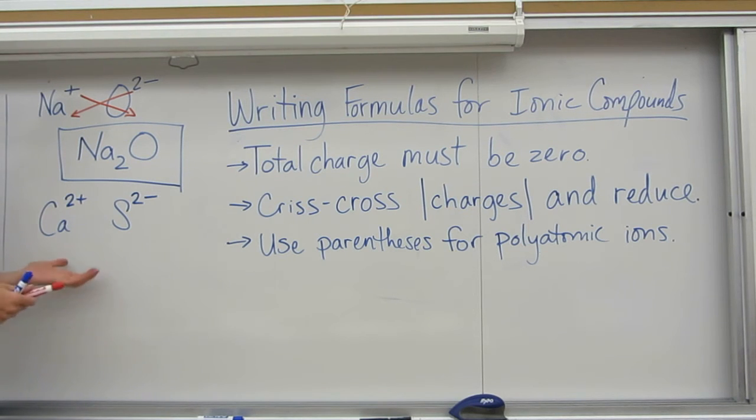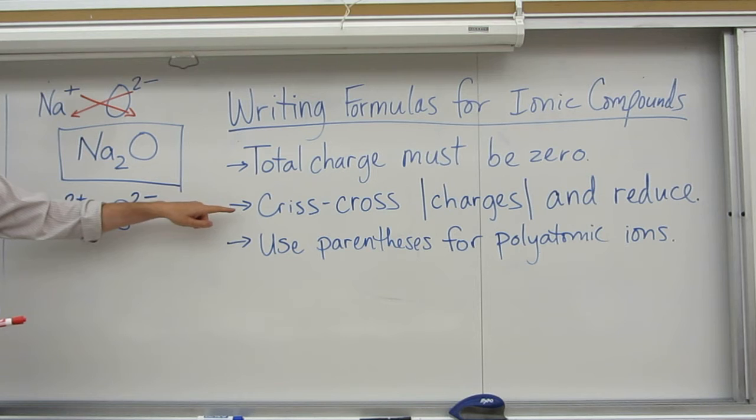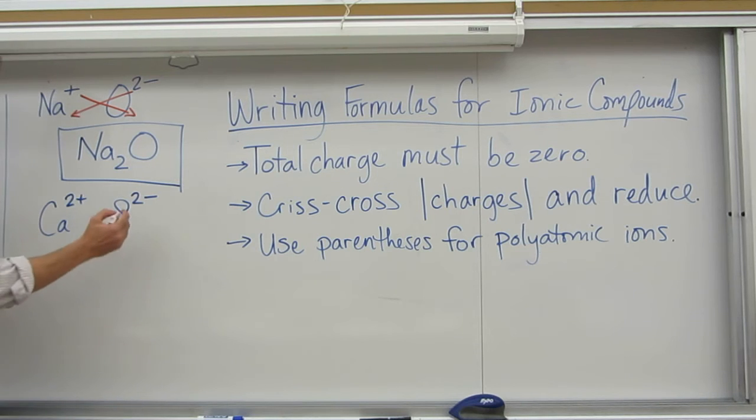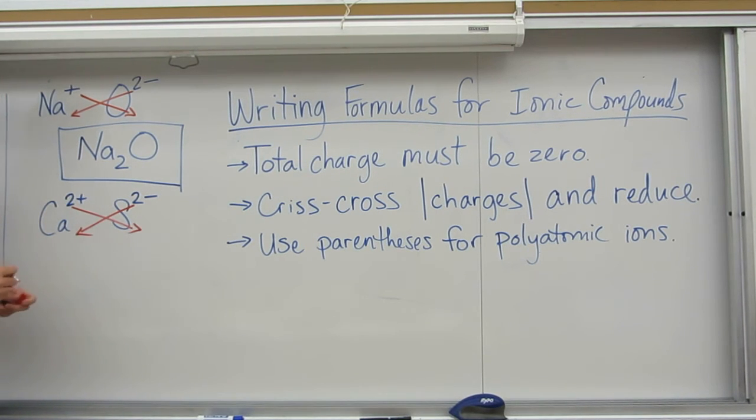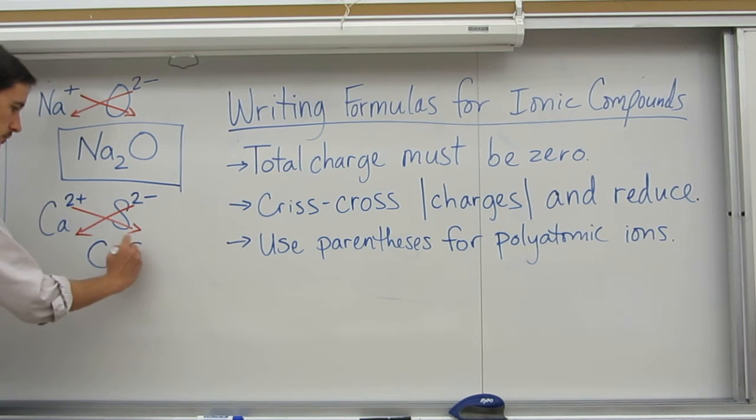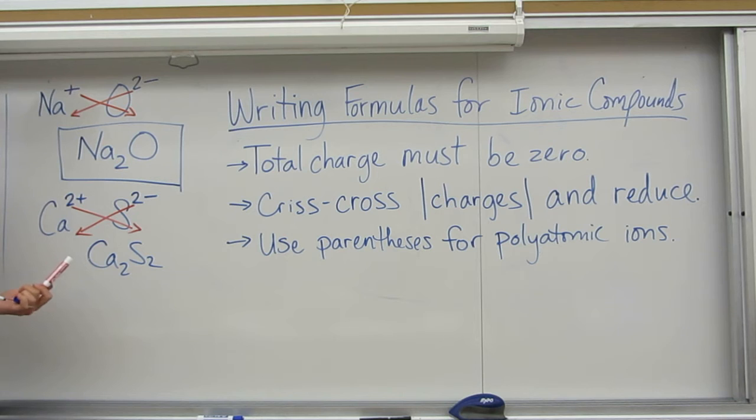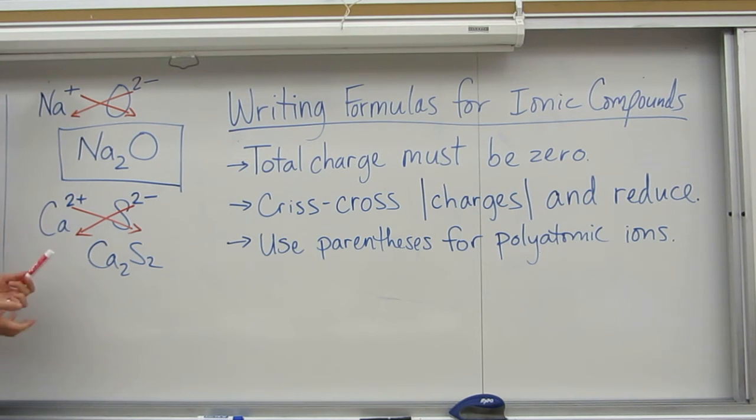Okay, this one is, I think, kind of easier. I wrote for you, crisscross the absolute value of the charges and reduce. So we're going to take this 2, put it down here. This 2, put it down here. If we just wrote the numbers, we'd write that, but we can reduce this, and so we do.